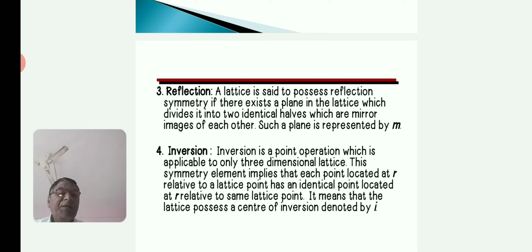Hence, B dash C dash must be some integral multiple of BC. That is, B dash C dash is equal to m times BC.